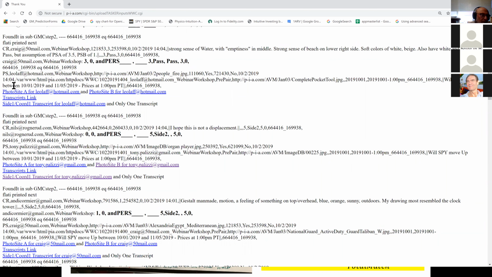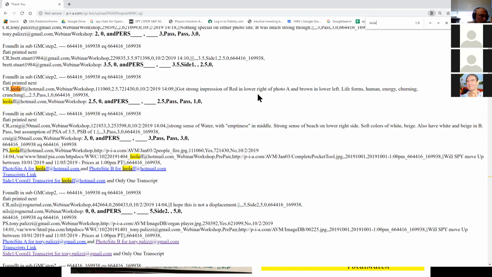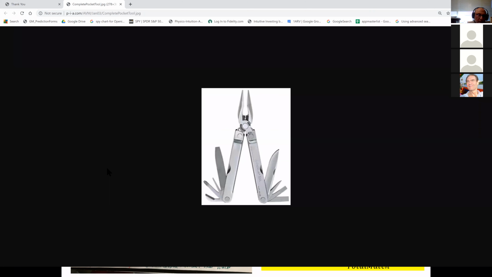So just to make sure I get the right one, okay. And you did side 2 as well. So let's do photo side B.